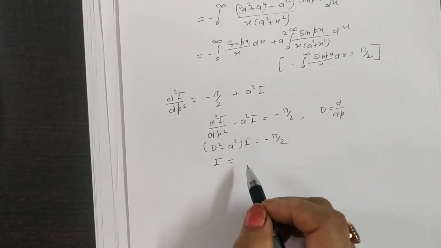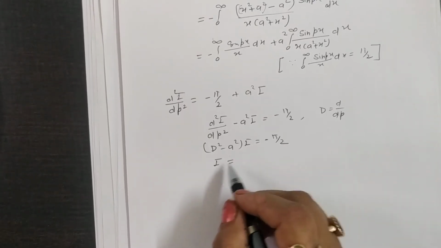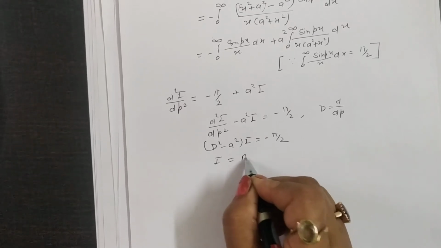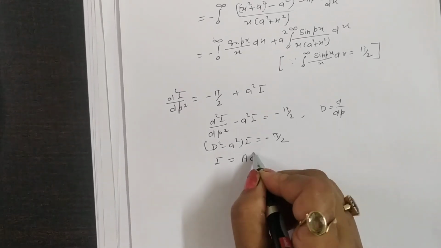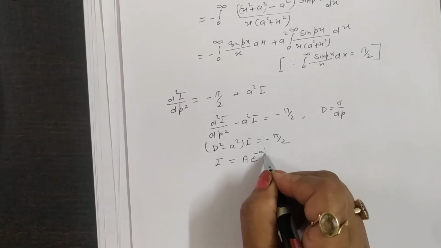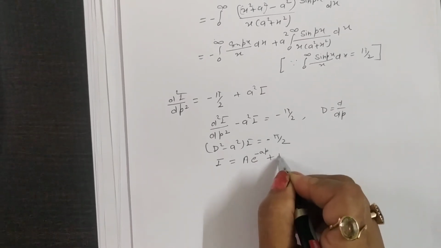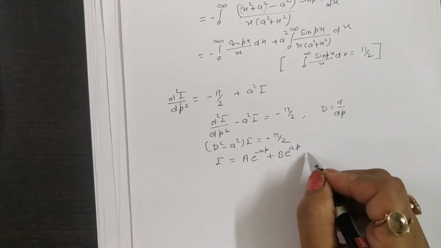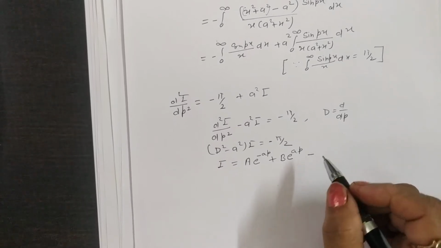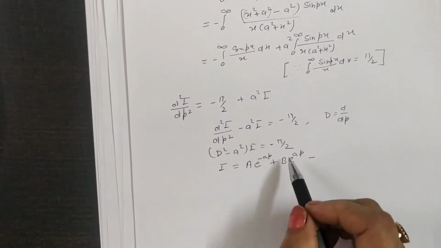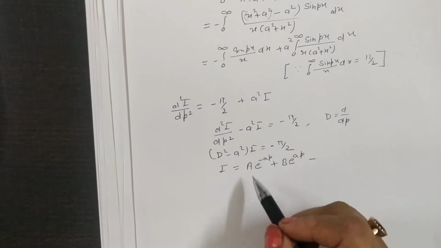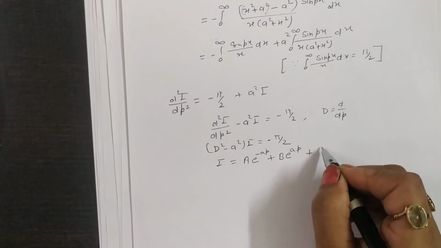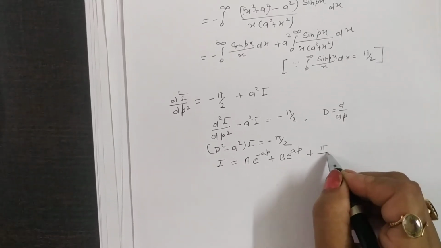So the solution is A e to the power minus ap plus B e to the power ap. The particular integral similarly you can obtain, using the inverse of D square minus a square. So you get plus pi by 2a square.